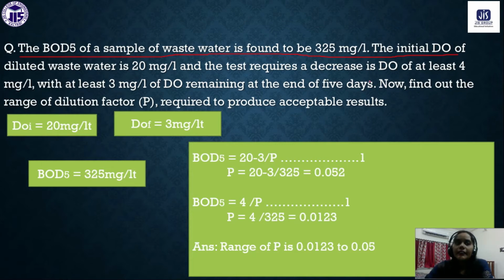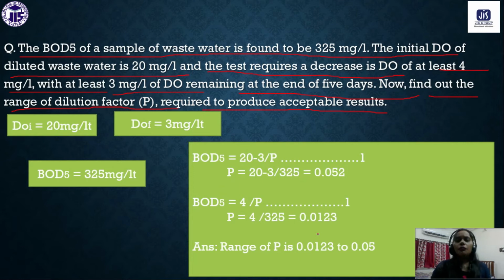The initial dissolved oxygen of diluted wastewater is 20 milligram per liter, and the test requires a decrease in dissolved oxygen of at least 4 milligram per liter with at least 3 milligram per liter of DO remaining at the end of the 5 days. Now find out the range of dilution factor required to produce the acceptable results.